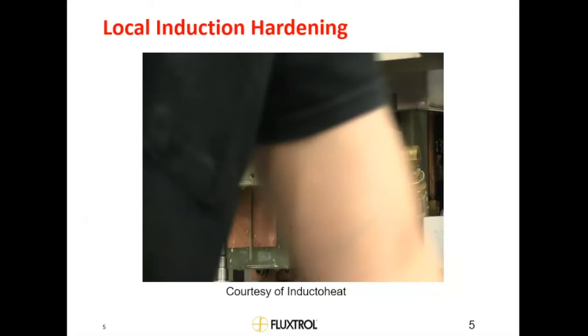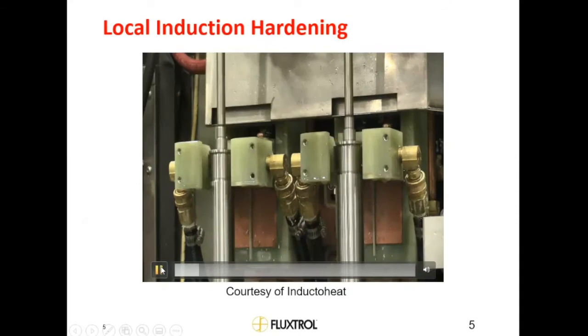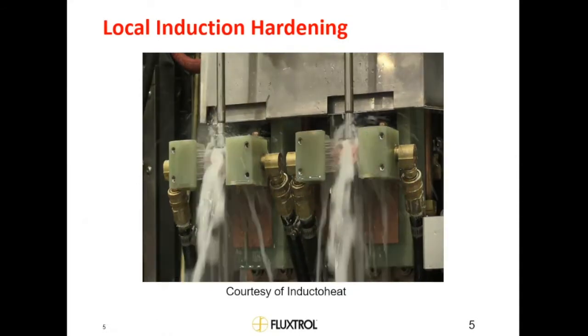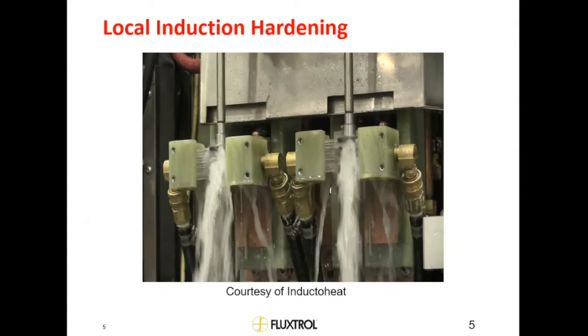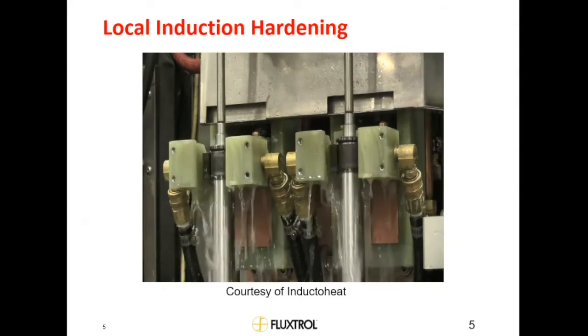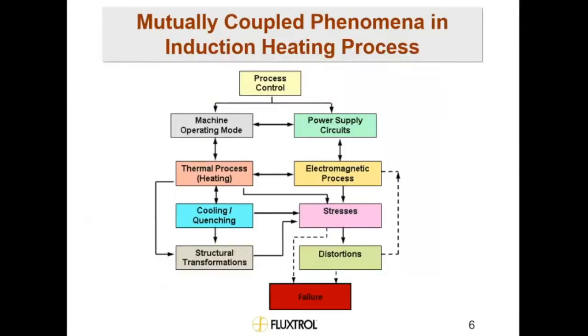So let's look at an actual short video showing induction heat treatment of an automotive component. This is a very quick and efficient process. The parts are loaded in the machine, indexed into the coil, heated, and quenched. Now that video is actually in real time, so more time is spent moving the part than actually heating the part and then cooling the part.